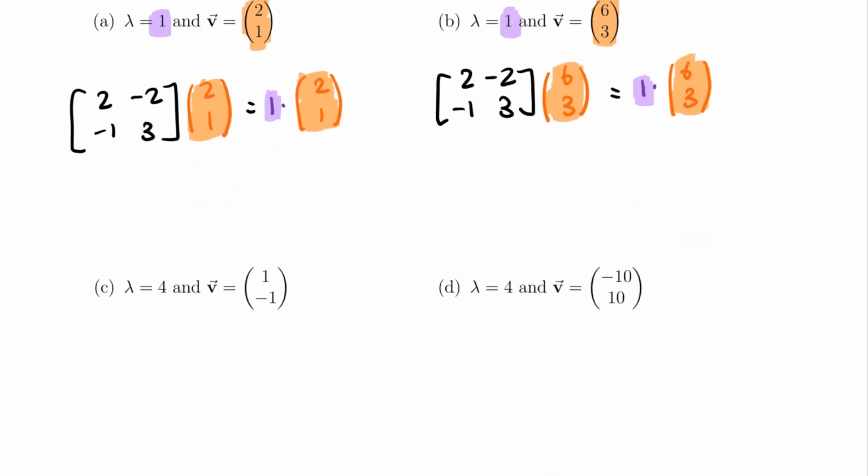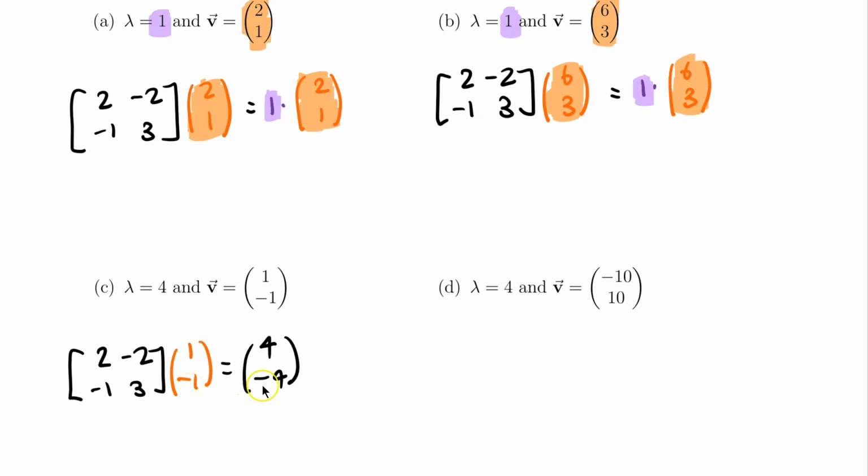Now let's try again with vector 1, -1. My matrix is 2, -2, -1, 3, and I'm going to multiply it by the vector 1, -1. Let's see what we get. I have 2 times 1 plus -2 times -1, so 2 plus 2, which is a 4. Then I have -1 times 1 plus 3 times -1, so I have -4.